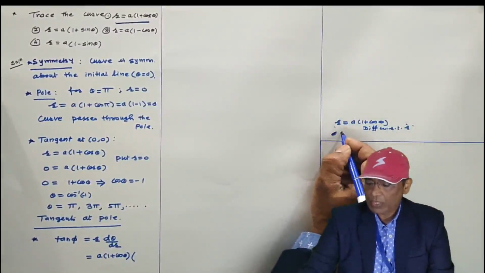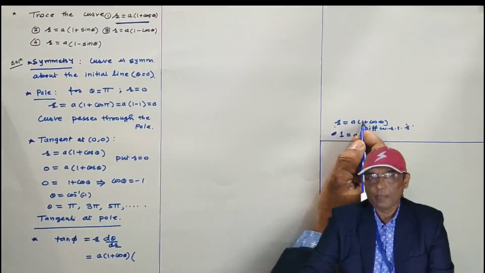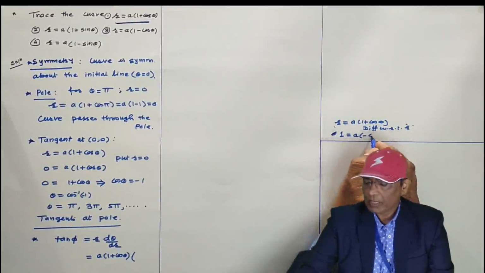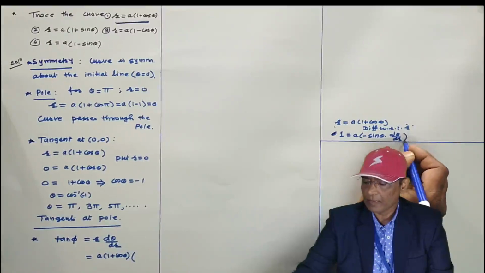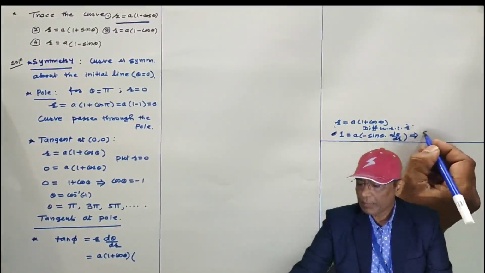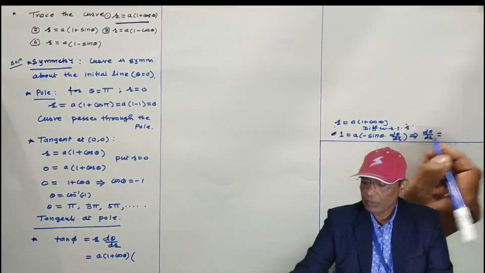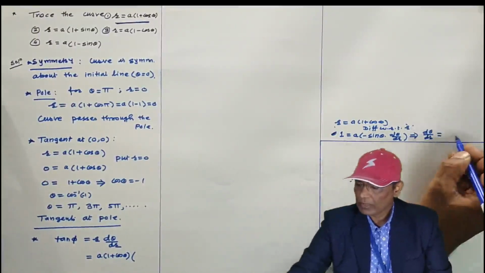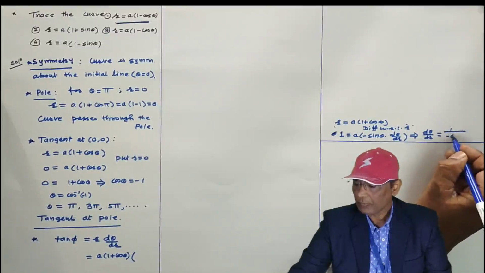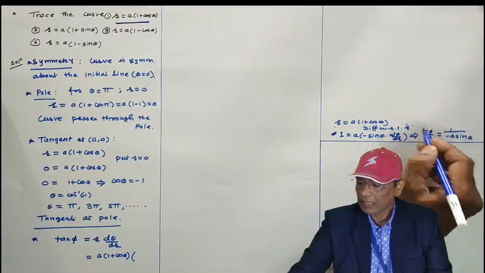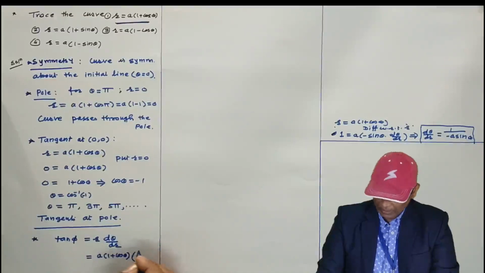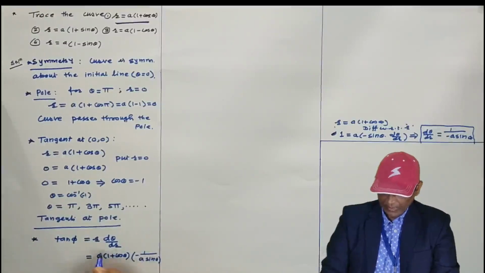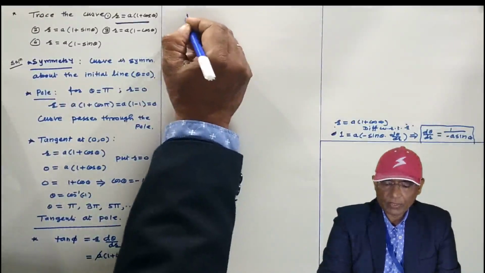The derivative of r with respect to r is 1, the derivative of 1 is 0, the derivative of cos is minus sin theta, and the derivative of theta is d theta by dr. This implies d theta by dr equals, shifting minus a sin theta to the left-hand side, minus 1 by a sin theta. Then a gets cancelled.